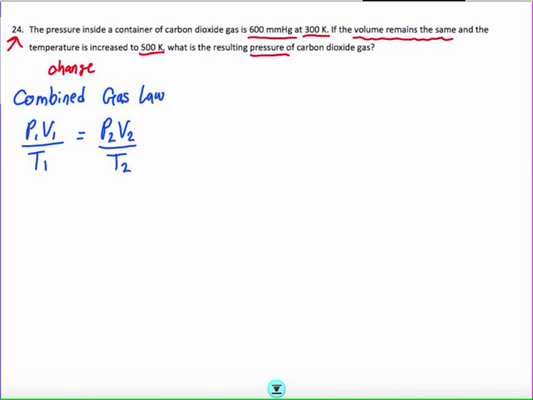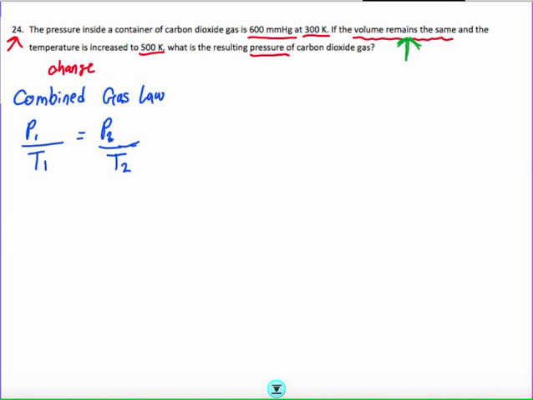This problem also says that the volume remains the same. So if the volume remains the same, we don't need to worry about it, and we can just erase it from the equation. So our new equation is P1 over T1 equals P2 over T2.